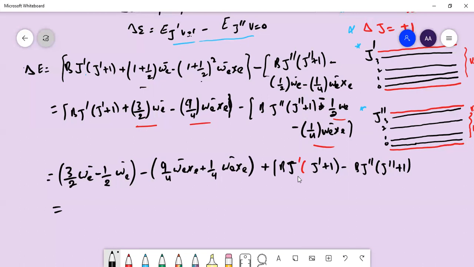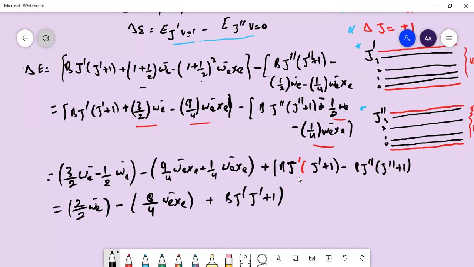Then we have 3 minus 1, 2 by 2. So 2 by 2 omega e bar minus here is 4, 4 same. So in the denominator, we will have 4, 9 minus 9 plus 1, that will be your 8 omega e bar xe plus bJ' plus 1 minus bJ'' plus 1. So this is the equation.